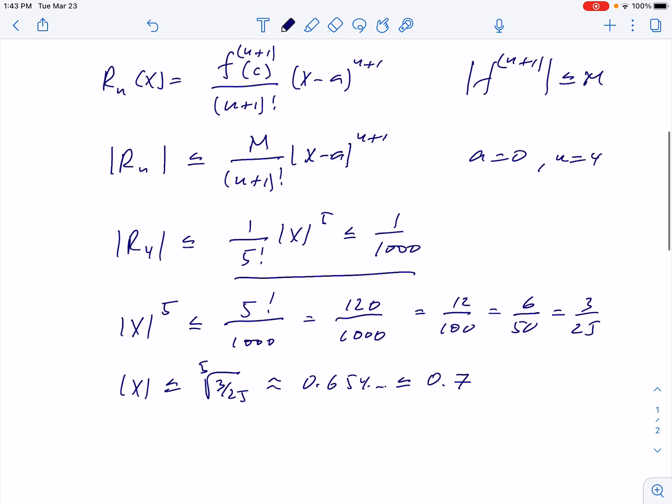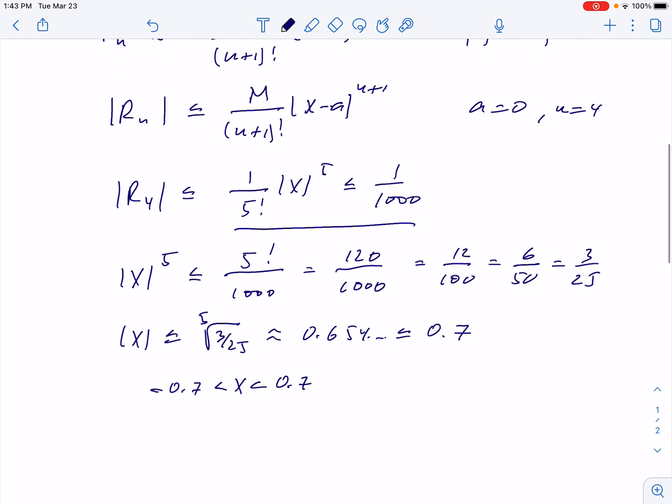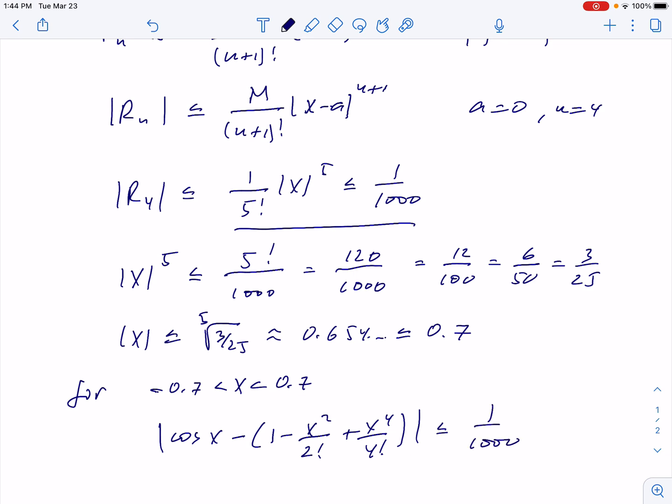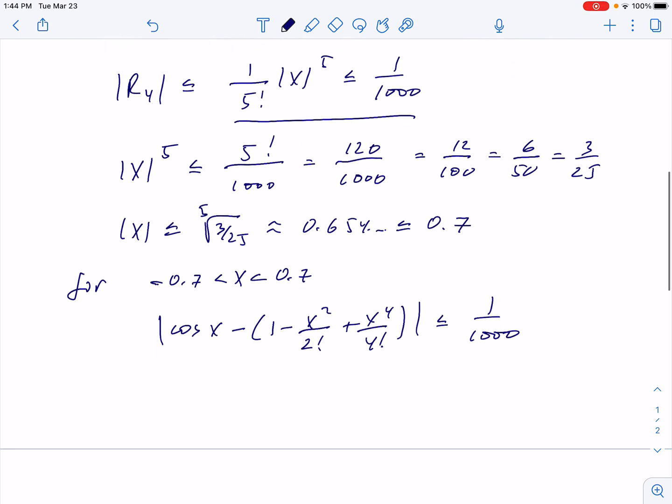So if we take this interval around 0, x less than 0.7 and bigger than negative 0.7, we have this estimate. So for such x, we have cosine x minus this polynomial 1 minus x squared over 2 factorial plus x fourth power over 4 factorial will be less or equal than 1 over 1000 over this interval around 0.